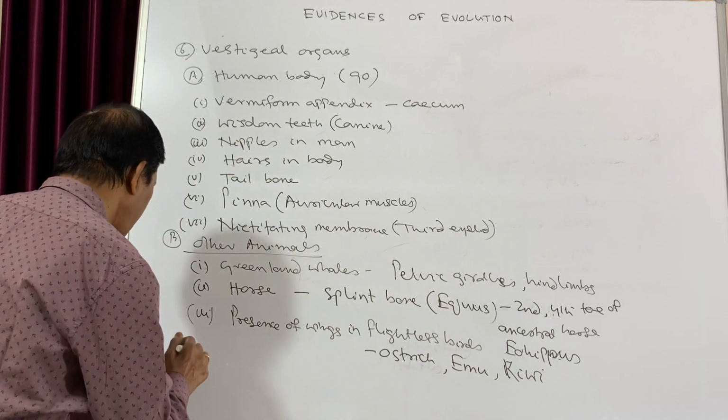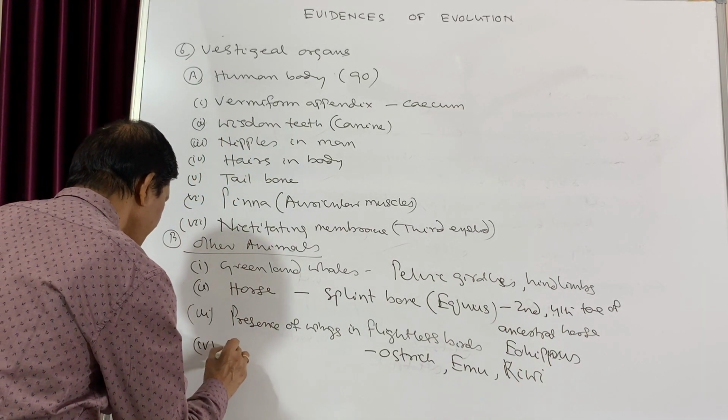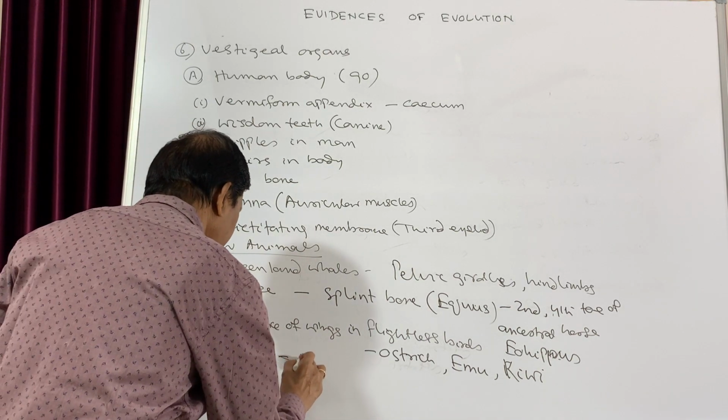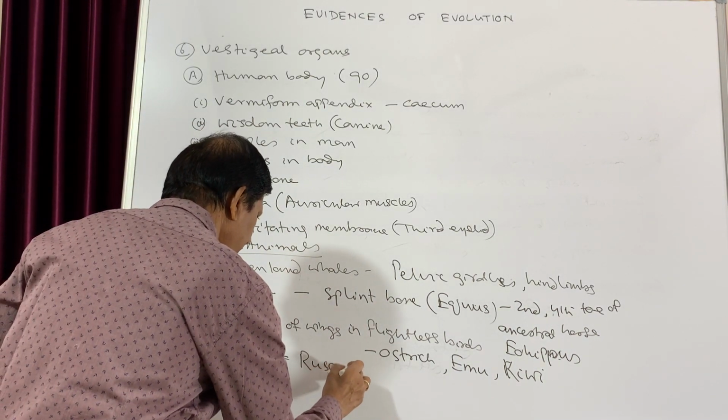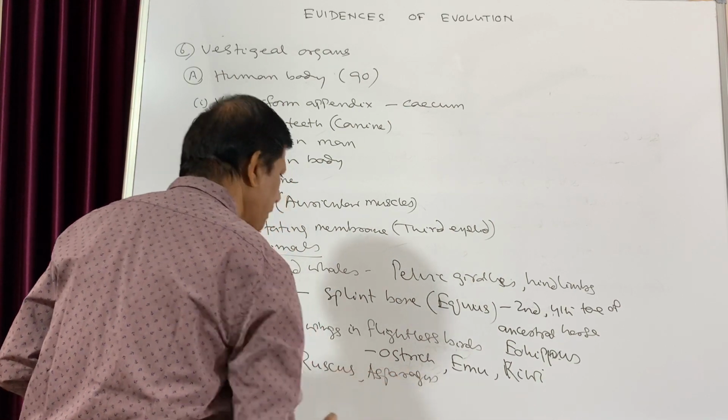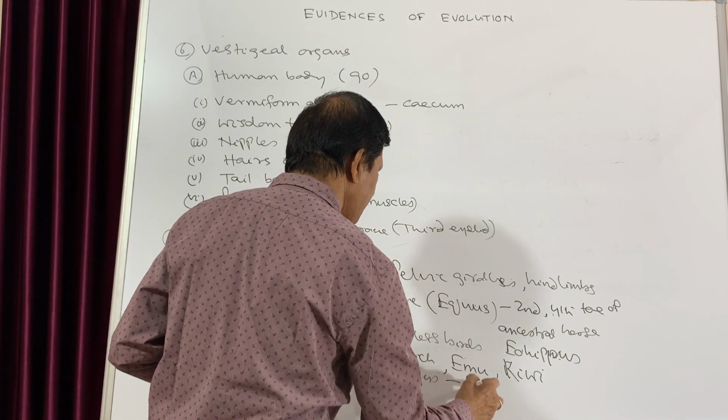Similarly, we can take one example from the plants. In some plants like ruscus, asparagus, there is the presence of scale leaves.